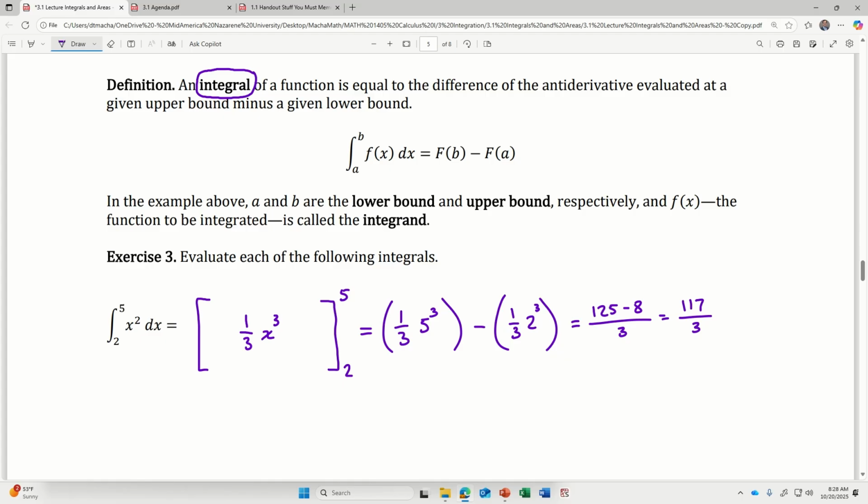That would be 39. Now you know how to integrate.